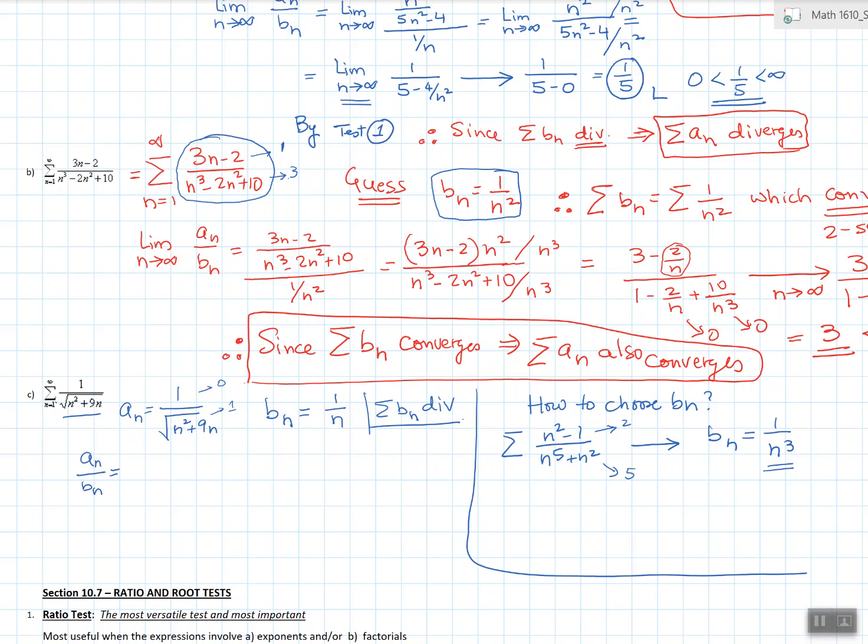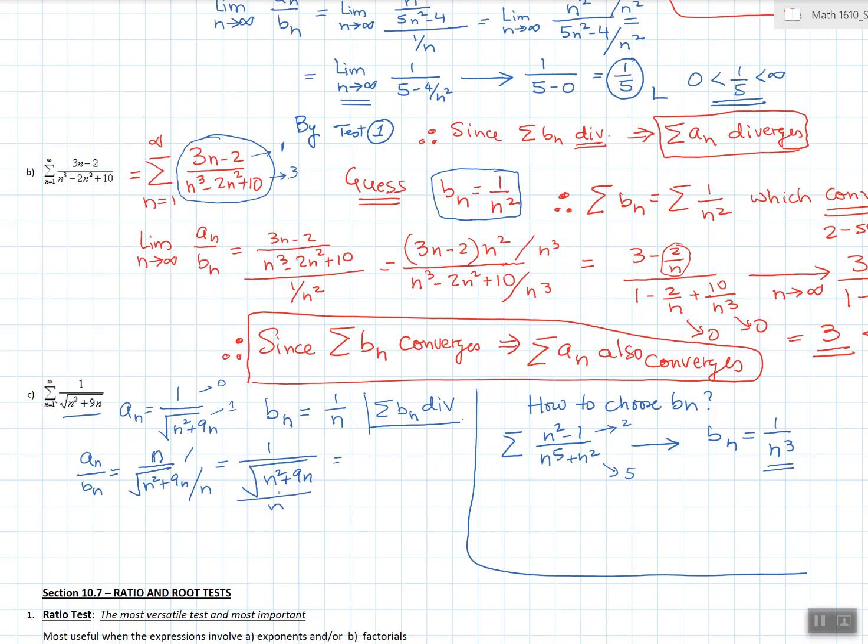What do we get? Well, it's just a matter of algebra. It's 1 over radical n squared plus 9n, now divided by 1 over n. So that means you get n in the numerator. So now you're going to divide numerator and denominator by n. So you get 1 over radical n squared plus 9n, divided by n.